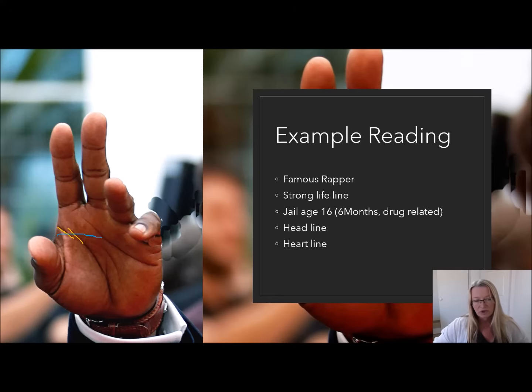That line is showing that this change, this thing that happened to him, going through whatever illegal drug-related things he was doing, changed his life.